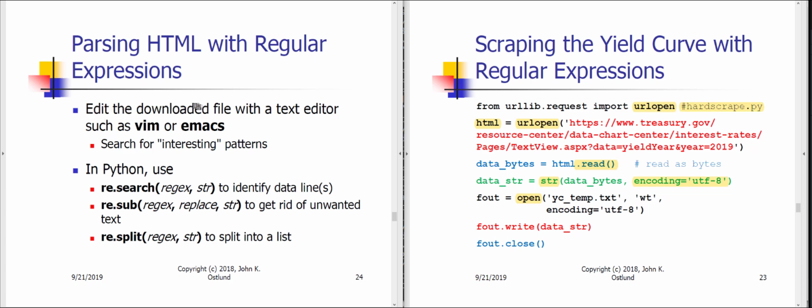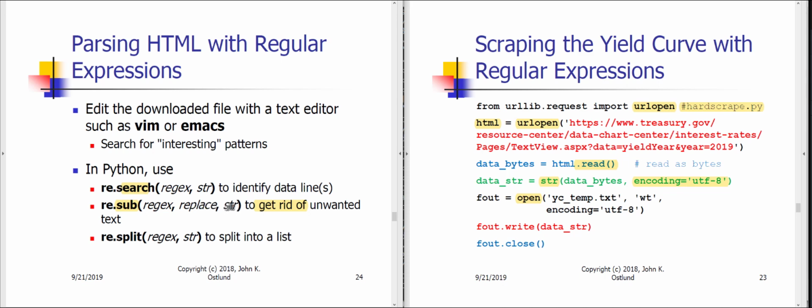Okay, so I have downloaded the file, examined the file with an editor, VI in my case, and now within Python I can use various regular expression functions to search for patterns and then to use substitutions to get rid of the part of the patterns that I don't want. The substitution function allows me to specify that if I find some regular expression pattern, I want to replace that pattern with some replacement string.